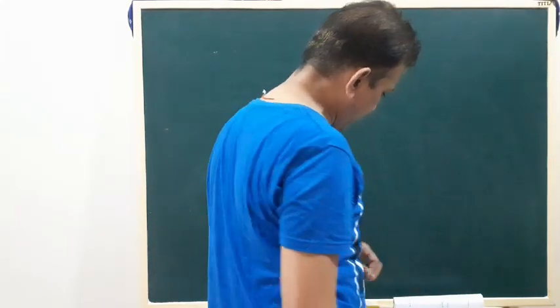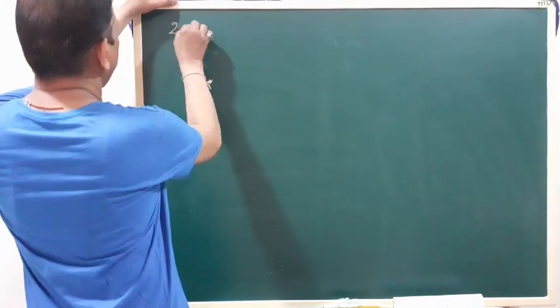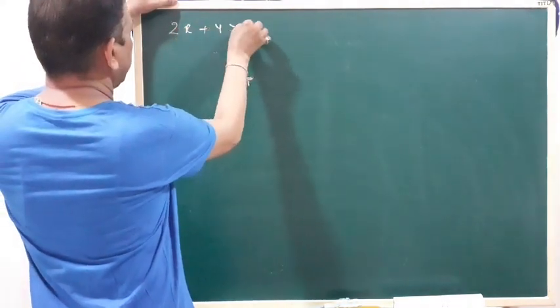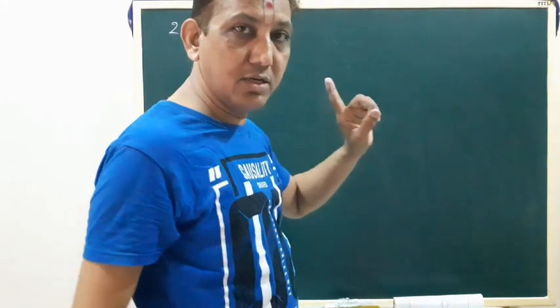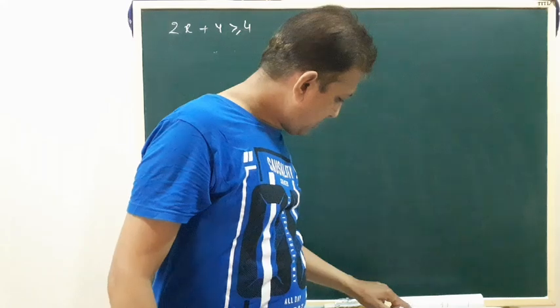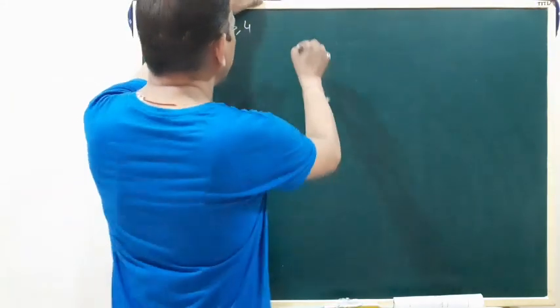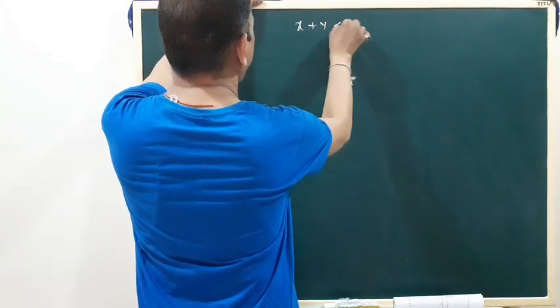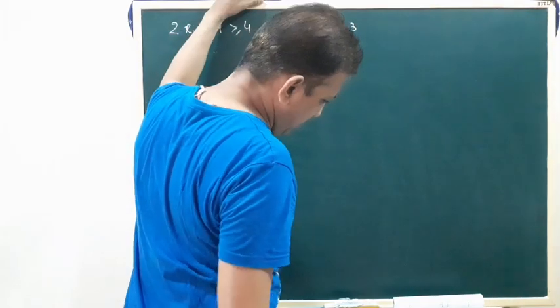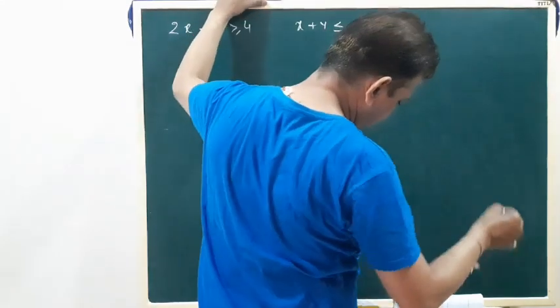A total of 3 equations are given. Look here: 2x plus y greater than or equal to 4, x plus y less than or equal to 3, and 2x minus 3y less than or equal to 6.